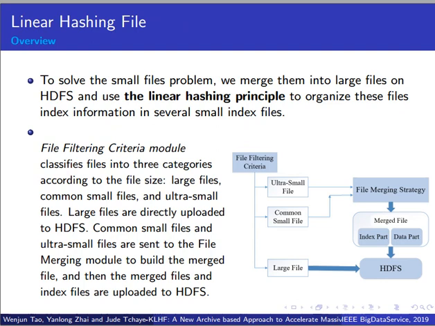The basic idea of our proposed approach includes two steps: merging small files into large files to reduce the quantity of files and optimize name node memory consumption, and storing these small files' metadata in our index system based on the linear hashing principle.